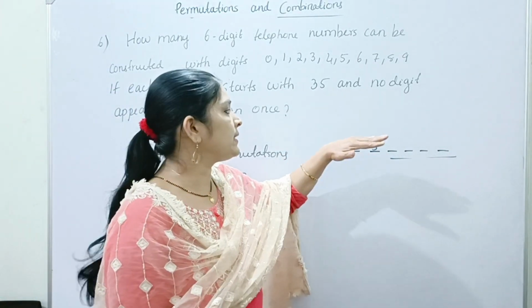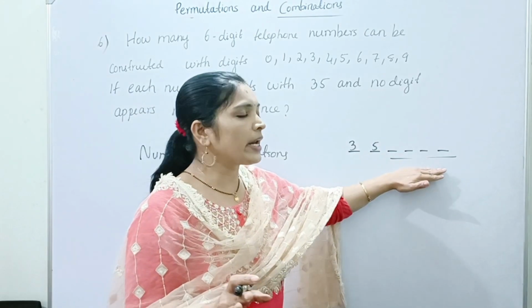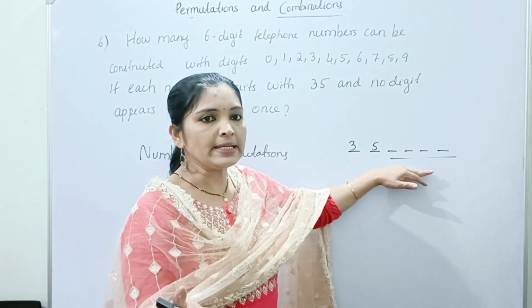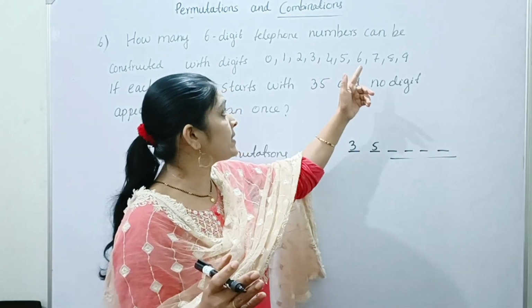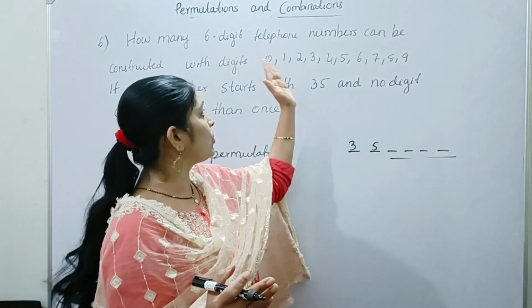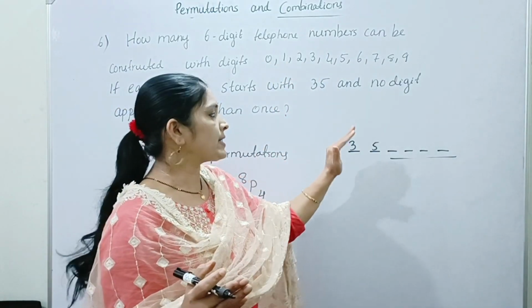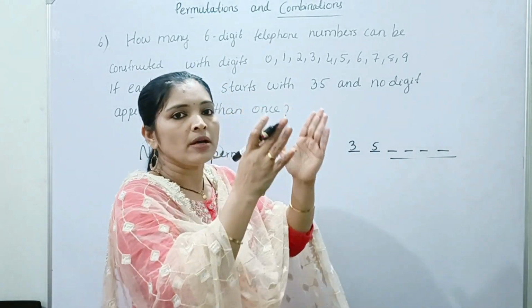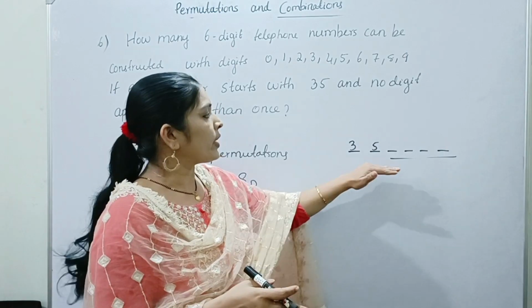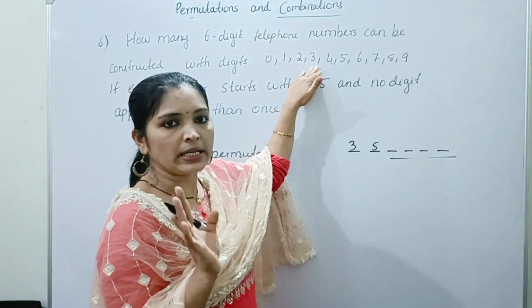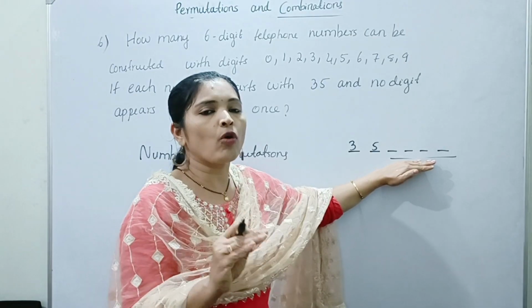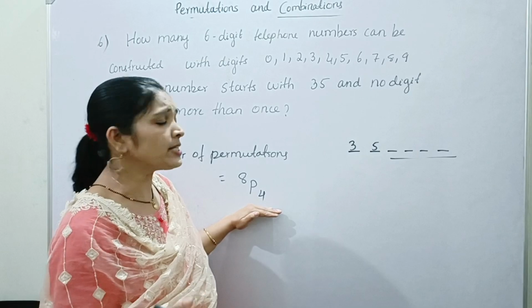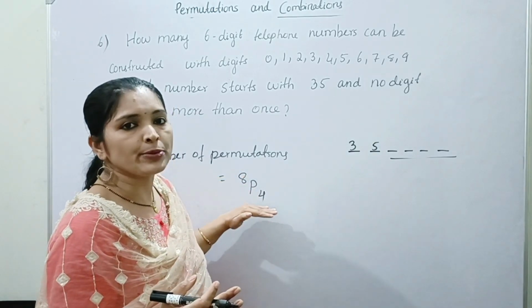In all the numbers 35 is fixed, so we have to arrange only these 4 places from the 8 digits except 3 and 5. After that, 8 digits remain. So the number of permutations is equal to 8P4.